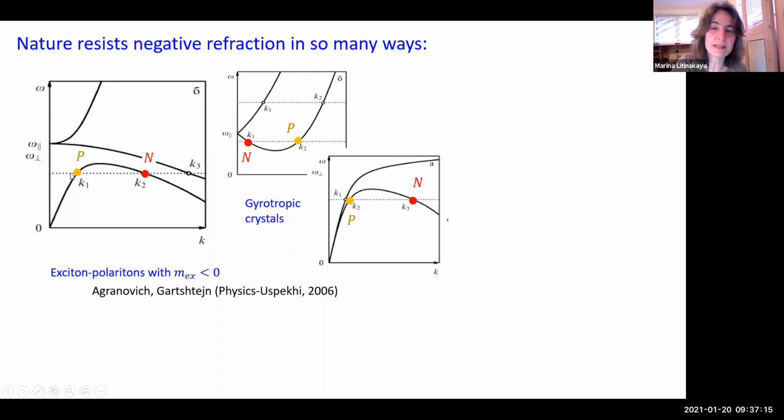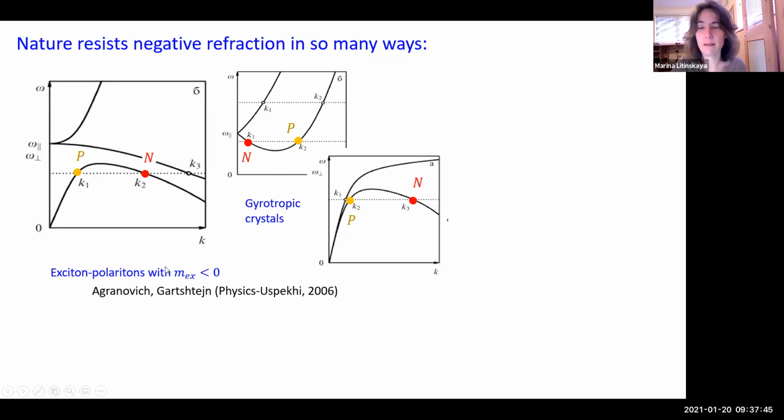And you see that this light line is very close to the positive wave and very far away in the phase space from the negative wave. So basically, the incoming light talks to the positive wave and does not talk too much to the negatively refracting mode. So the overwhelming majority of incoming light goes into the positively refracting mode, and the negatively refracting mode can be barely seen on top of this.